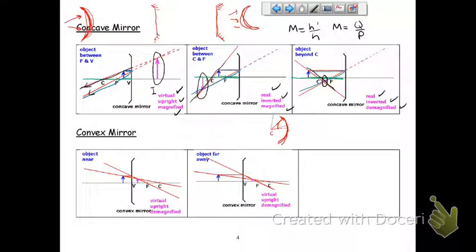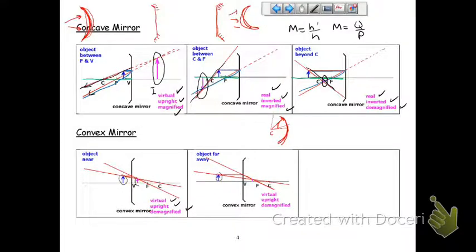So we saw these three cases for the concave mirror. For the convex mirror, first of all, your focal point and center of curvature are behind the mirror. It doesn't matter where you put your object in front of the mirror, whether near or far away, you get the same structure: a virtual, upright, demagnified image.